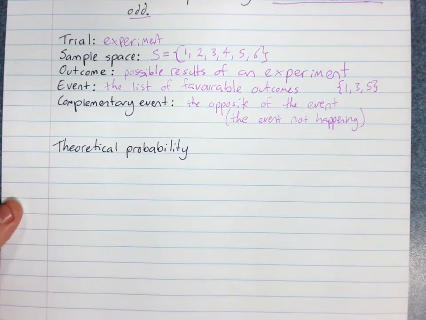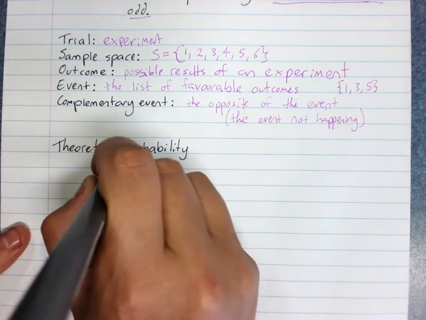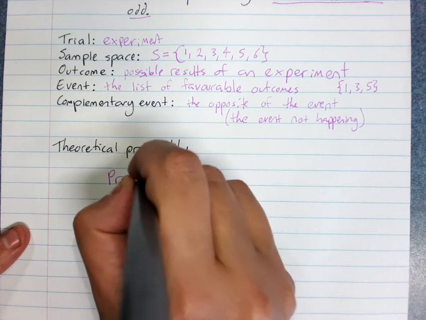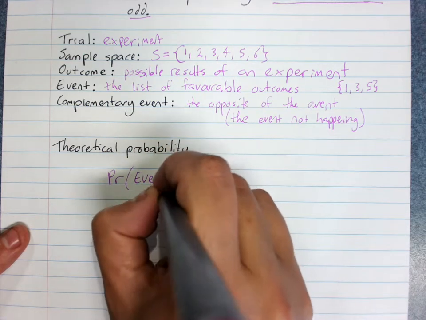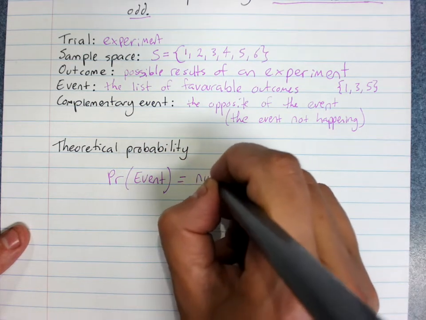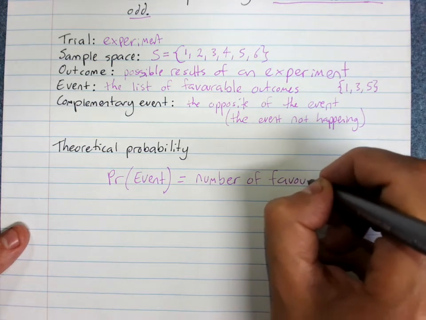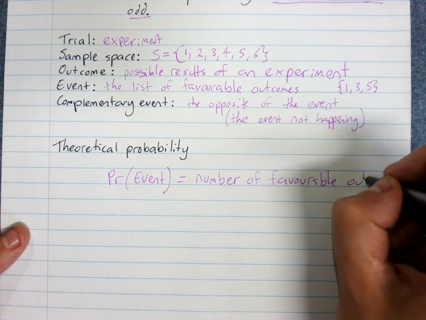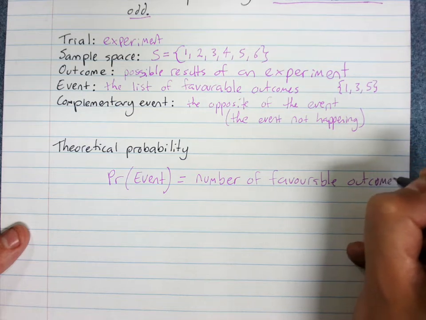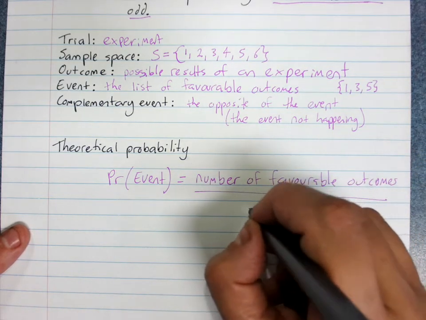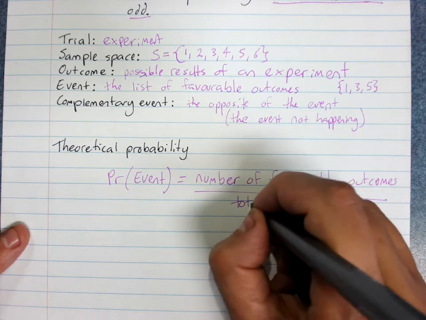So theoretical probability, of course, the probability of an event happening is found by the number of favourable outcomes over the total number of outcomes.